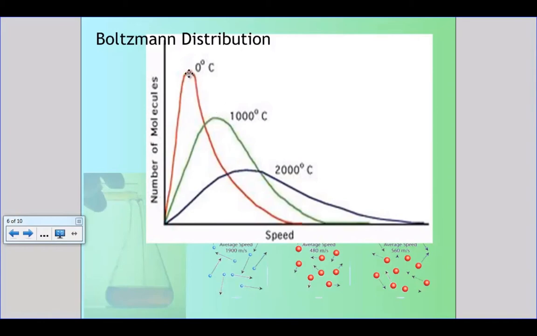This red curve right here at 0 degrees Celsius, you can see it's up pretty high and the speed is not as much as that of 1,000 degrees Celsius. The average of these molecules moving at 0 degrees Celsius is in this range right up in here.